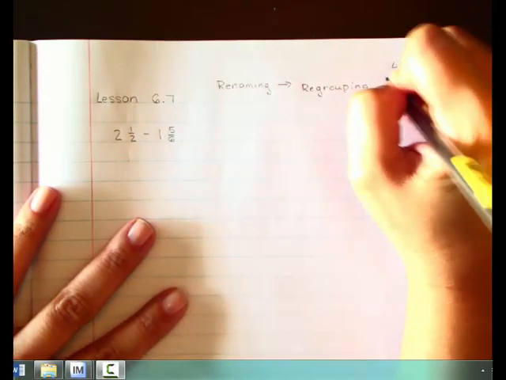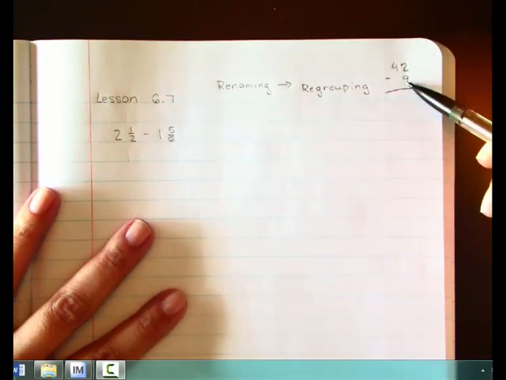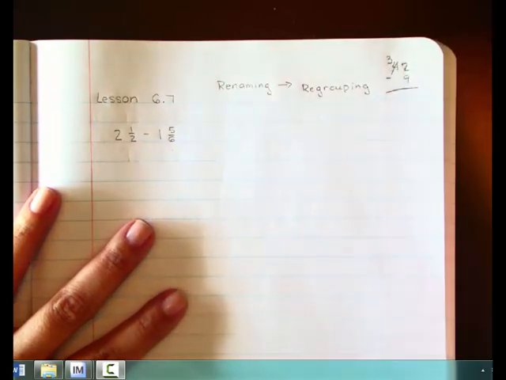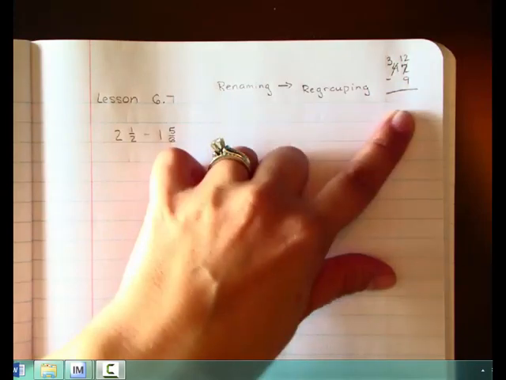Let's say we have 42 minus 9, right? We cannot do 2 minus 9, so we have to regroup from here. We now have 3 groups of 10 instead of 4. We turn that one group of 10 into 10 ones and add it to the 2, so now we have 12 ones. We have regrouped, or we've renamed this ones column. That's what you're doing for this lesson.